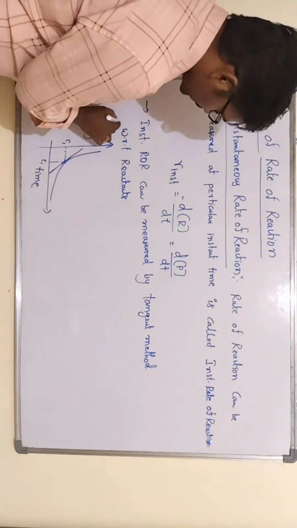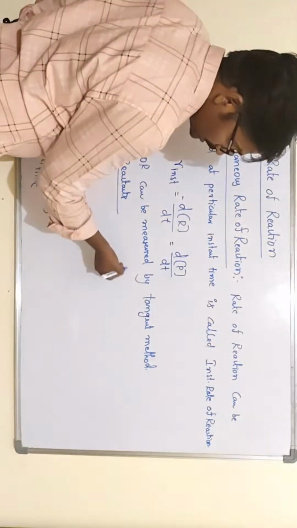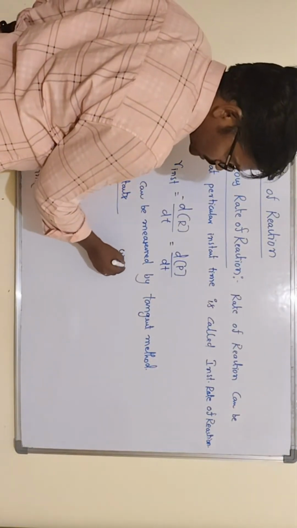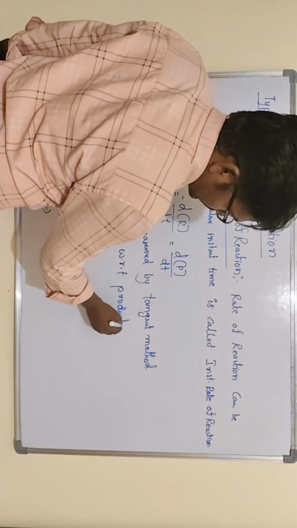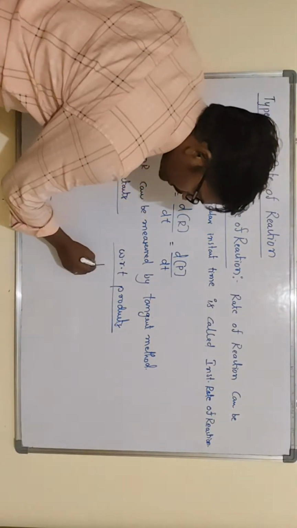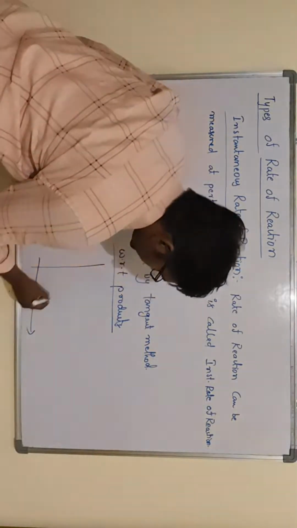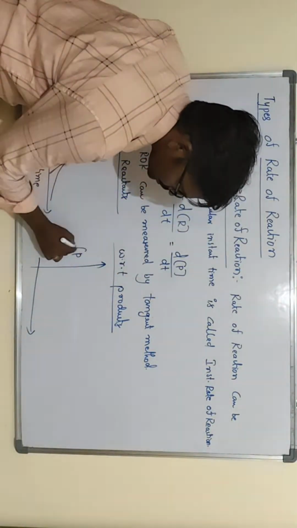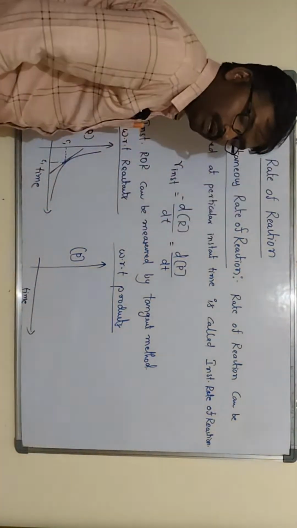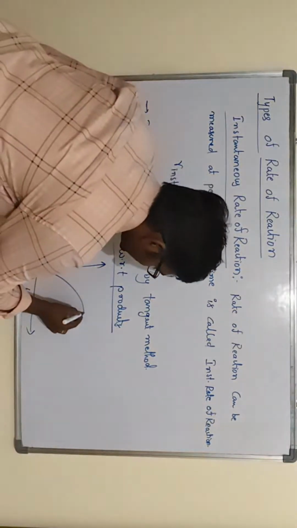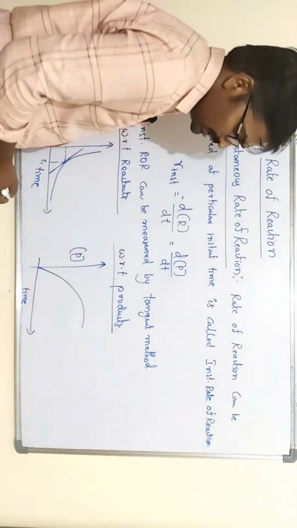Even with respect to products, if you take concentration of product versus time, what is the graph? It increases exponentially, right?